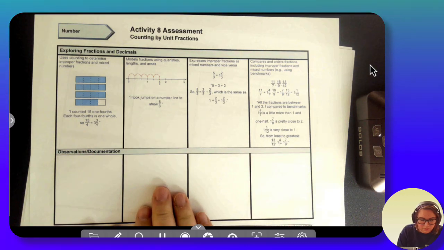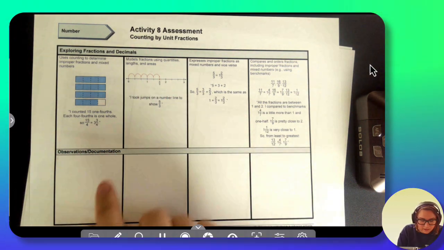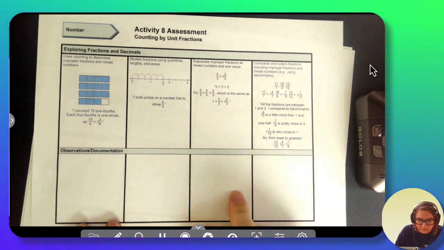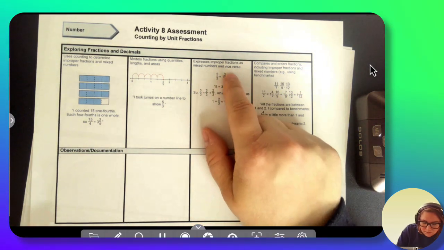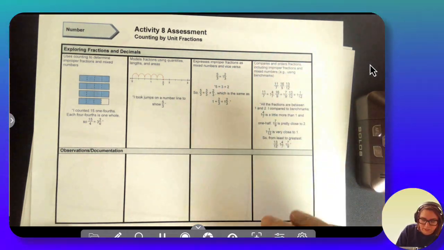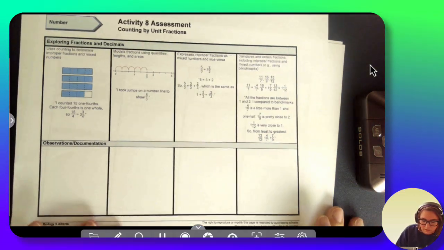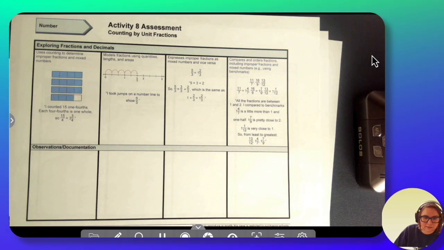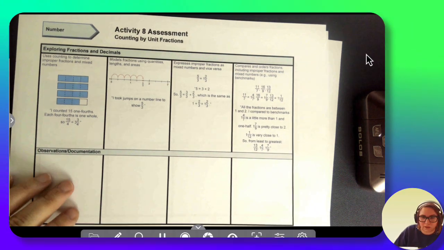If they're able to model fractions using a number line like this and understand what that means, then put their number here. Now the next one moves a little bit more into the symbolic, and we'll continue to practice these, but if students can express improper and mixed fractions fluently back and forth, then we're going to put their name here. If you're not seeing evidence of this from this last lesson, that's okay. We're going to keep coming back to these learning opportunities.